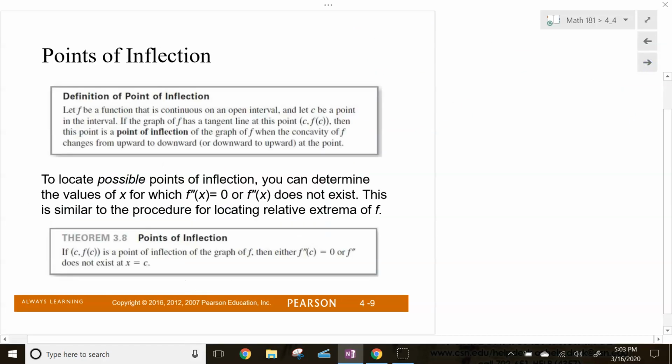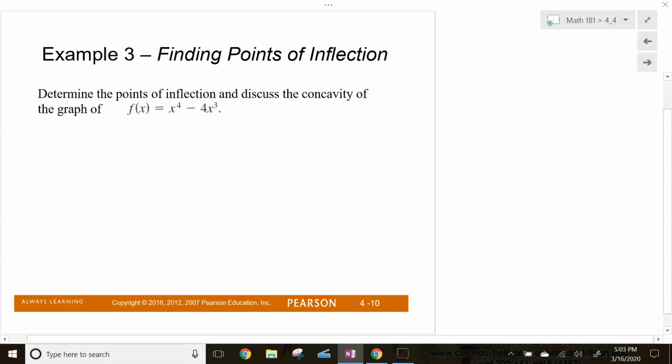Talked about our point of inflection. You've got a point of inflection when the concavity changes. All right, so let's say we've got x to the 4th minus 4x cubed, and you're looking for points of inflection and the concavity again. So let's go straight to the first derivative, 4x cubed minus 12x squared.